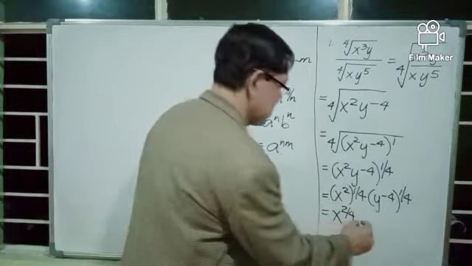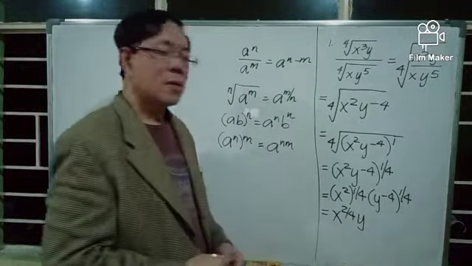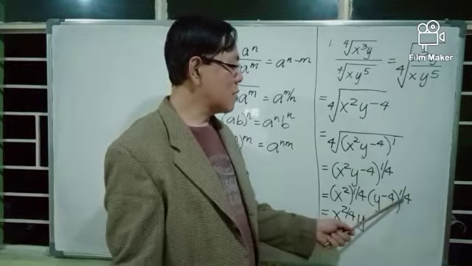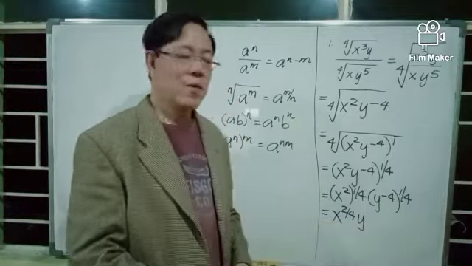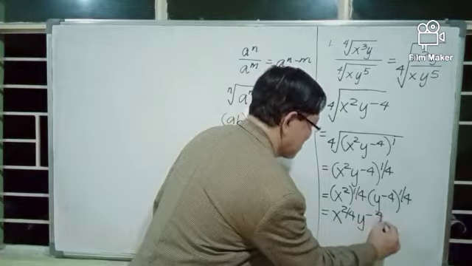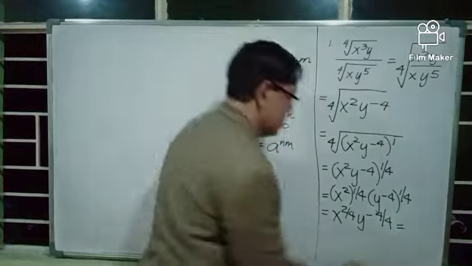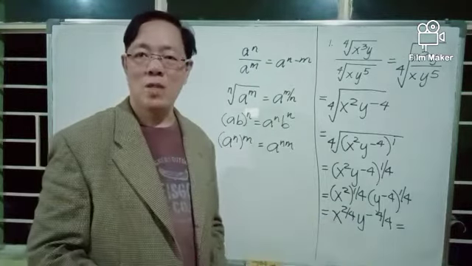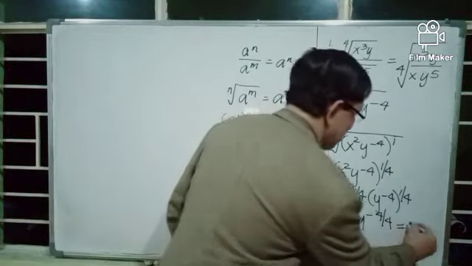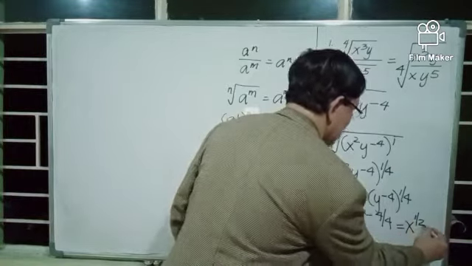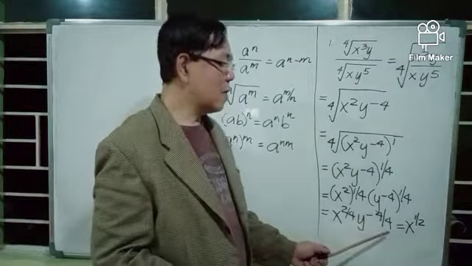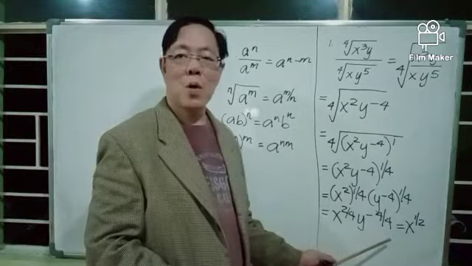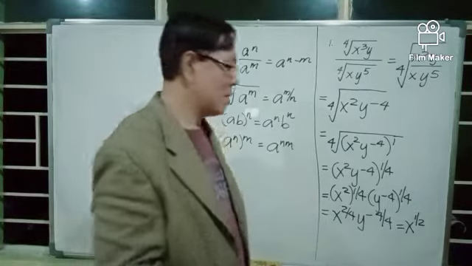Multiplied by y raised to the product of the exponents. Negative 4 multiplied by positive 1/4 is negative 4/4. Or x raised to 2/4 to lowest term is 1/2. And negative 4 divided by positive 4 is negative 1. Hence, y to the negative 4/4 is equal to y to the negative 1.